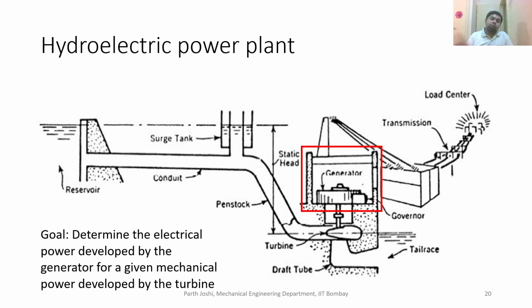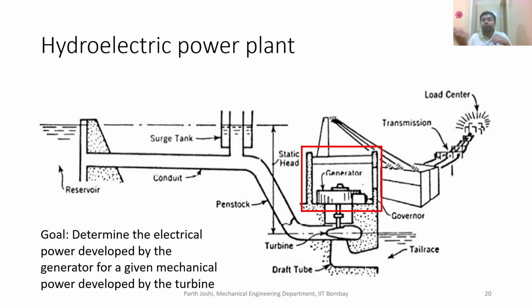That causes the generator to move, and because of the electromagnetic interactions within the generator, there will be electrical power. So mechanical energy is converted to electrical energy for a certain mechanical power developed by the turbine at a certain speed.